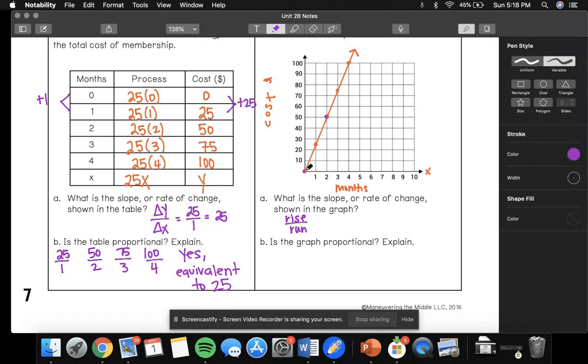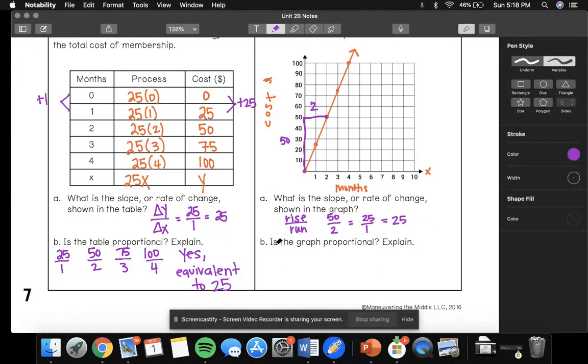Now we're going to find the rise compared to the run. It goes up 10, 20, 30, 40, 50, and it goes over 1, 2. So the rise is 50 for every run of 2, which is equivalent to 25 to 1, or just 25.